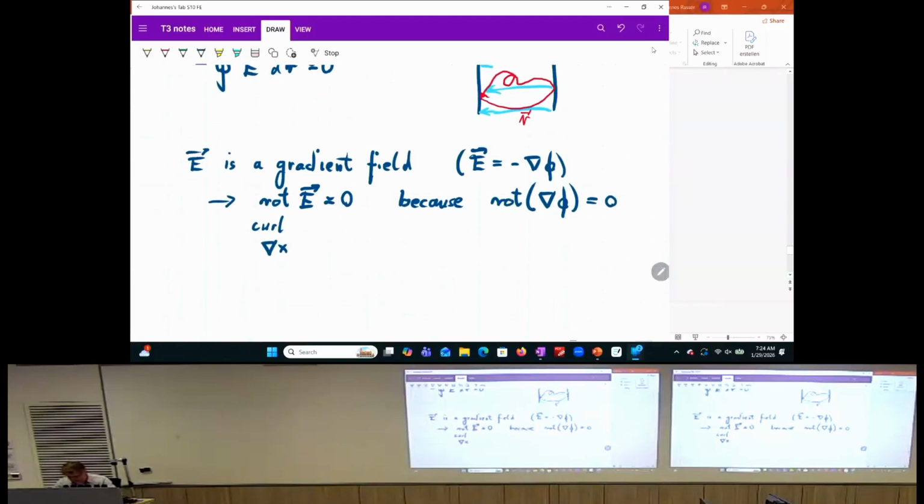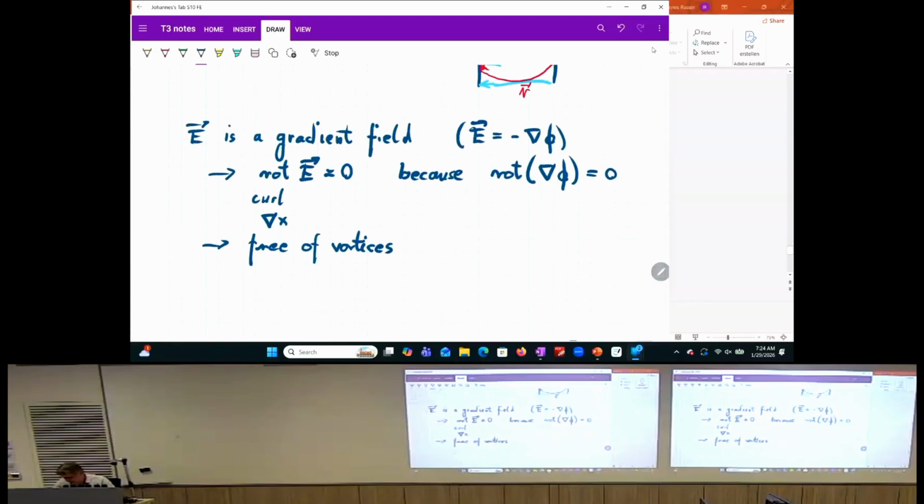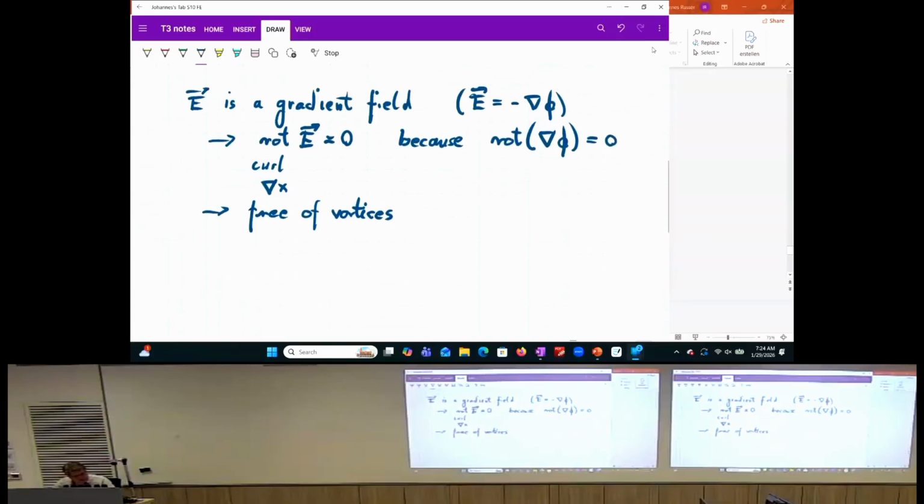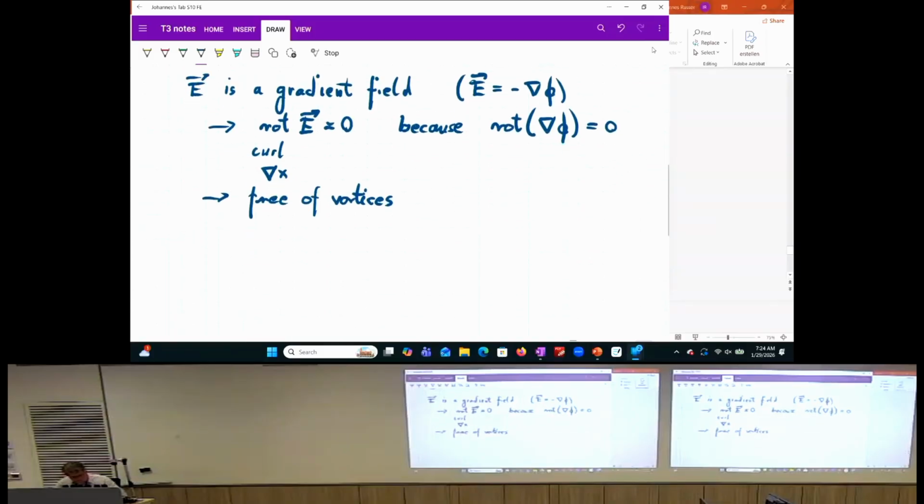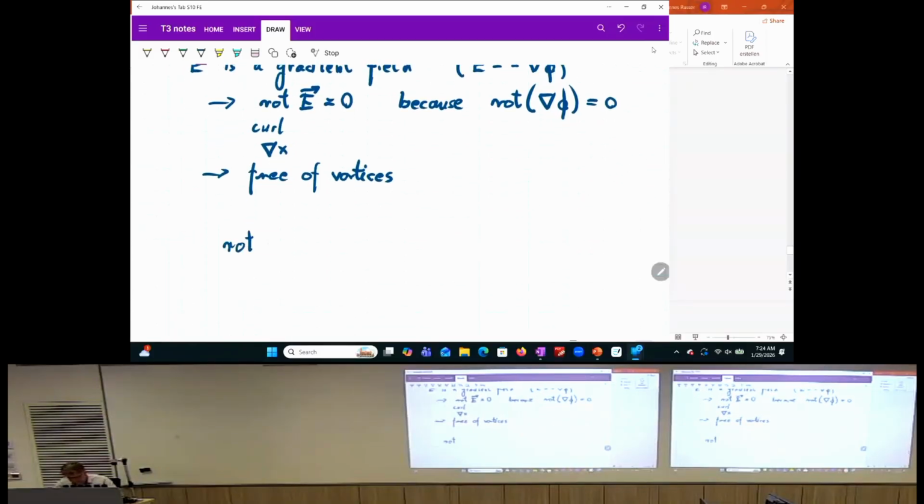That means you have no vortices here in your field. And you can actually verify that. Take an arbitrary scalar field, take the gradient, take the rotation, you will see it is vanishing. It's very easy to show. Just have to write it all out.